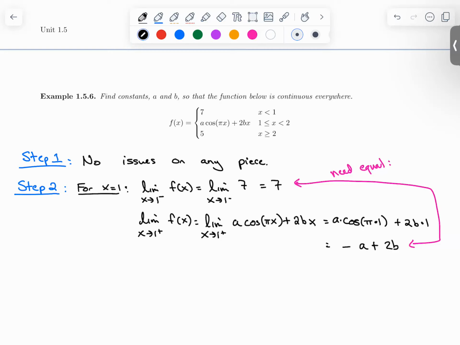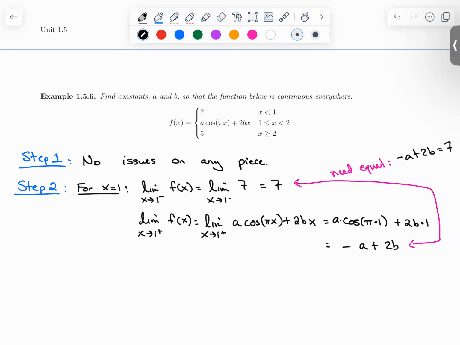So we need -a plus 2b to equal 7. That is true. But we look at this and say, well, that's two variables. So there must be a way to remove a variable. I haven't finished, so maybe looking at 2 as well will give me something else.